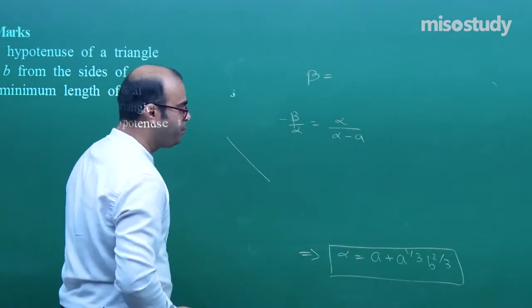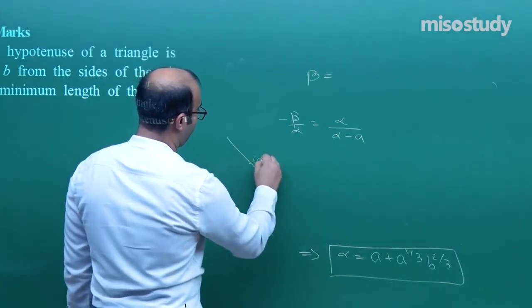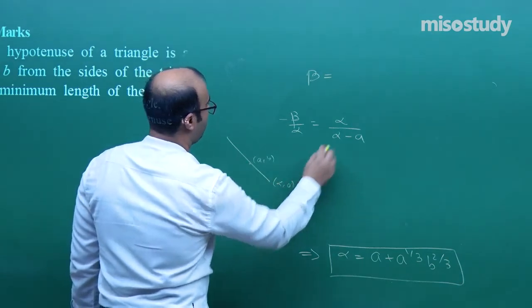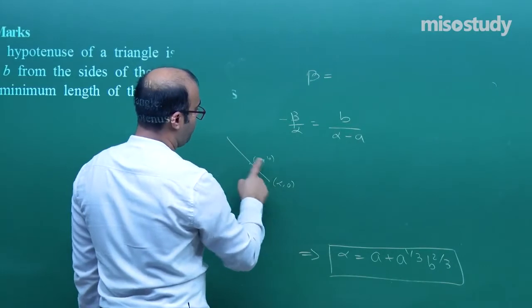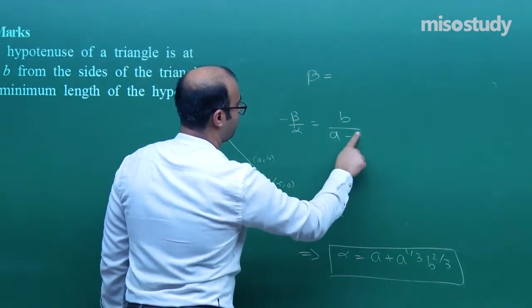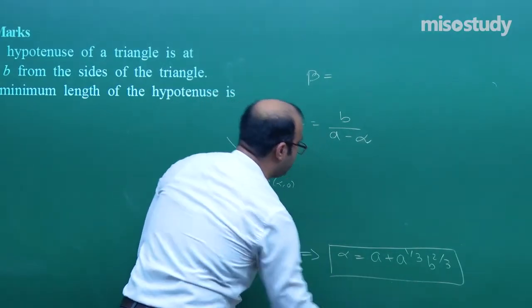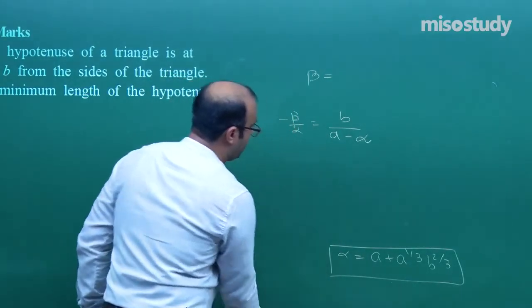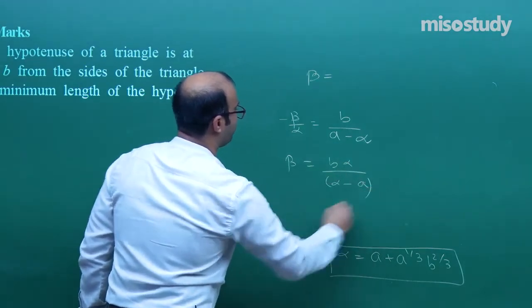That is what we had, and what we wrote there is that this beta is equal to b alpha by alpha minus a, right.